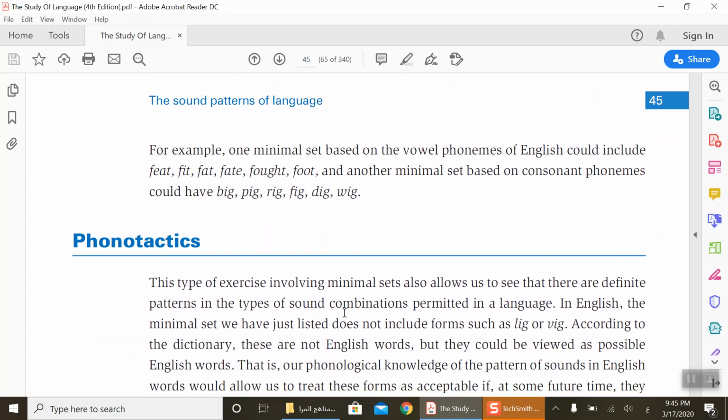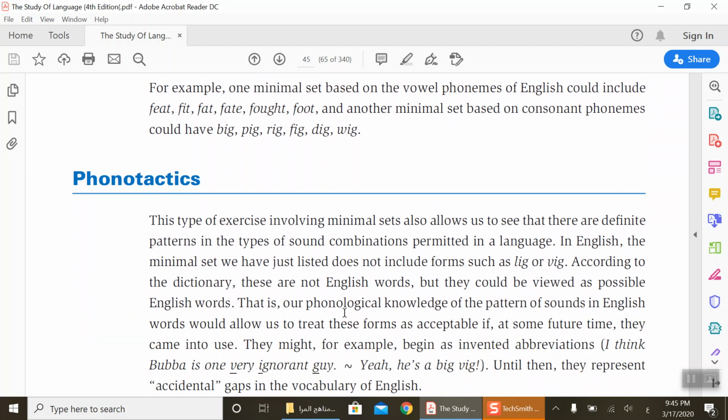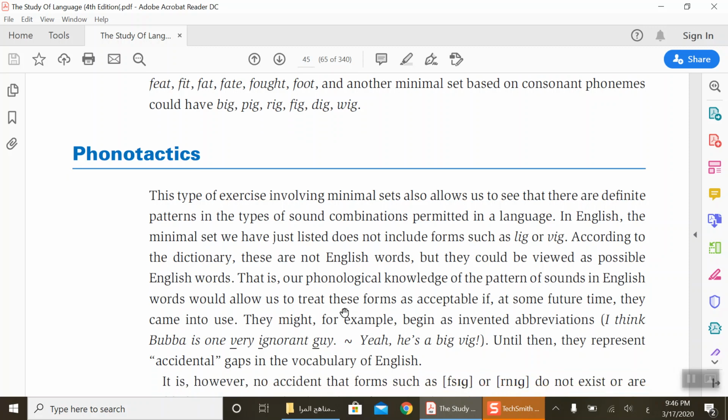We come to this word, phonotactics. What is phonotactics? What is the definition of phonotactics? Let's see. This type of exercise involving minimal sets also allows us to see that there are definite patterns in the types of sound combinations permitted in a language.